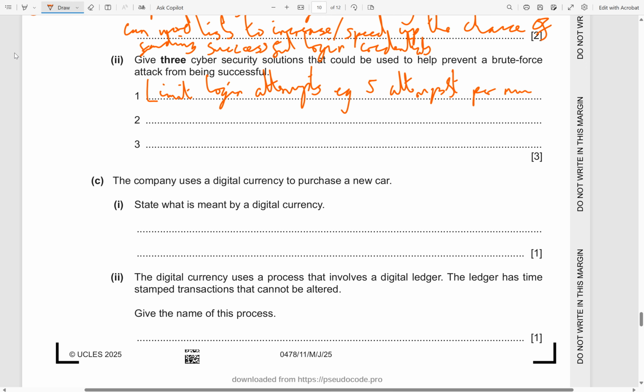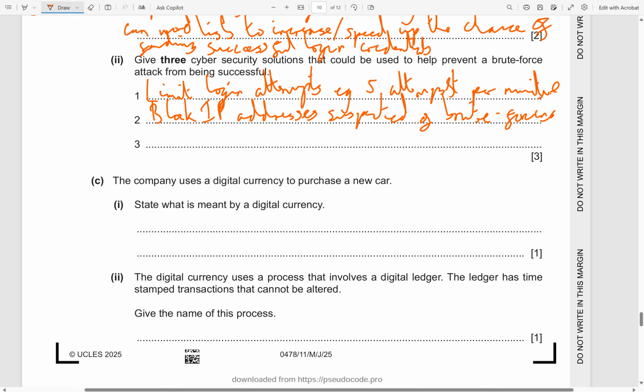Then if you've had more than that, you get temporarily locked out. If it's a website, you could also block IP addresses suspected of brute forcing.